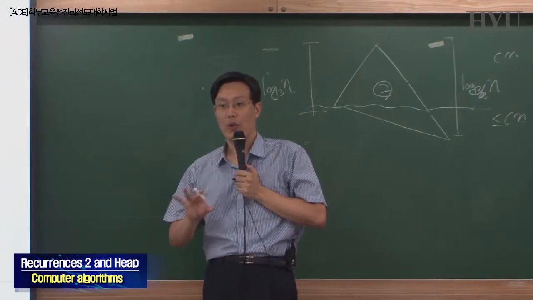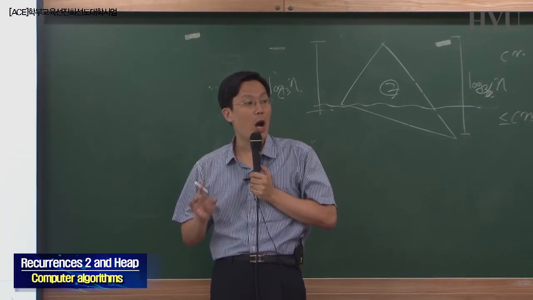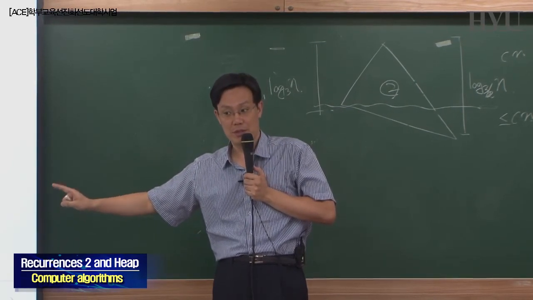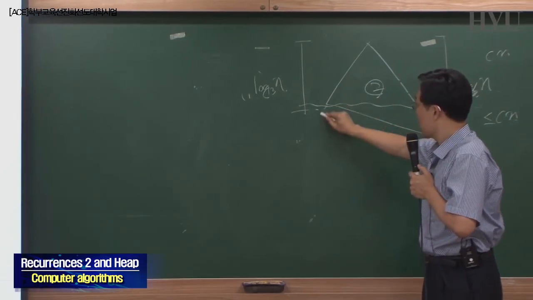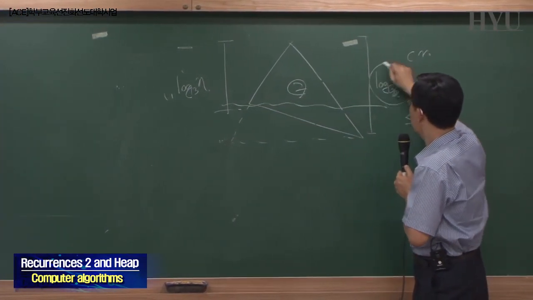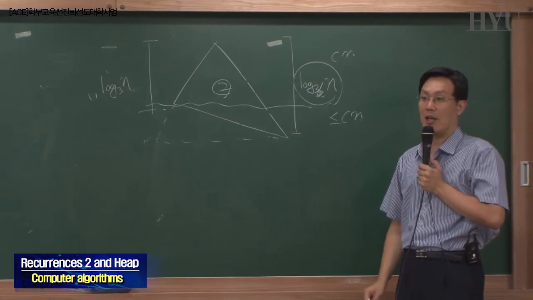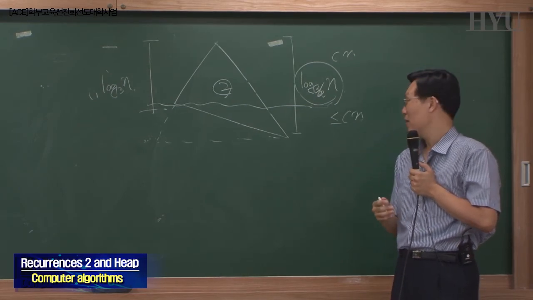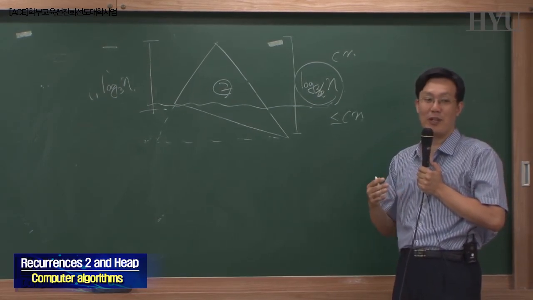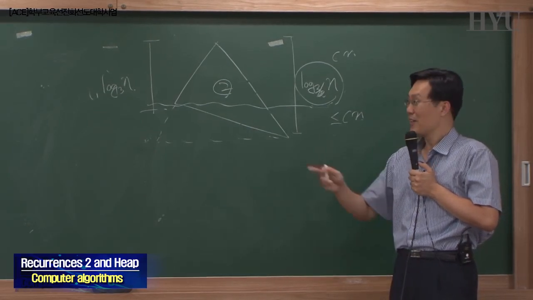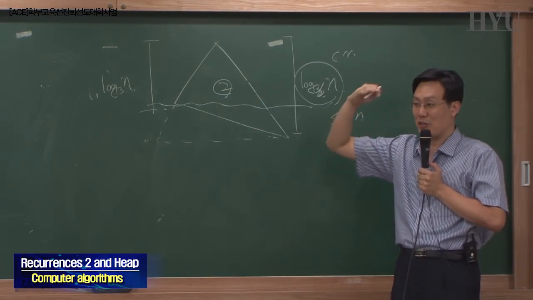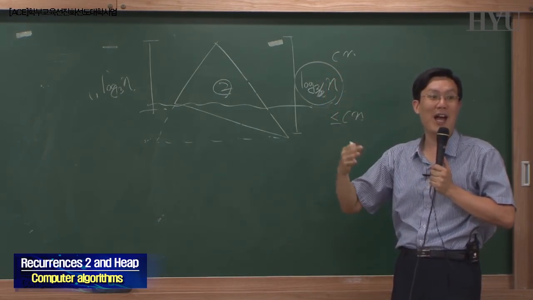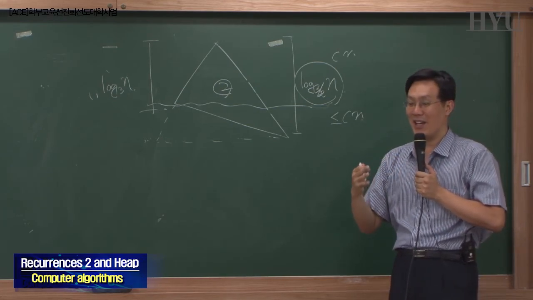But we are going to calculate the upper bound of the sum of these numbers, so we use this. Counting more isn't important, but if we count less, it is. Big O notation is to compute the upper bound. So we can add more, but we cannot add less.